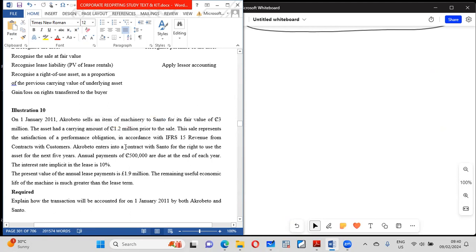Akobeto enters into a contract for the right to use the asset for the next 5 years. So he sold, he's now leasing it back. Annual payment is 500,000 and due at the end of each year, which means it is in arrears. Implicit rate is 10%. The present value of the annual lease payment you have here is 1.9 million cedis.